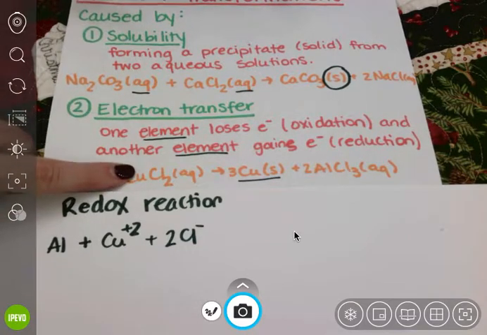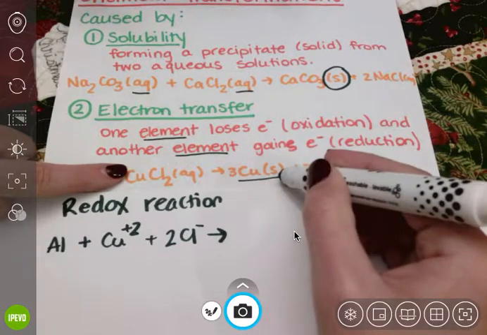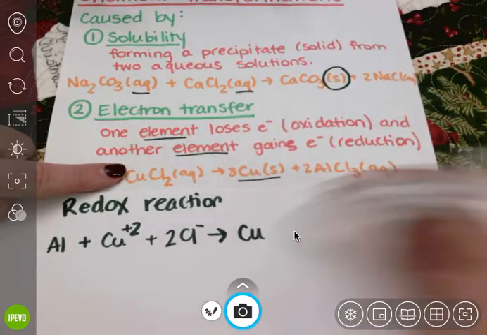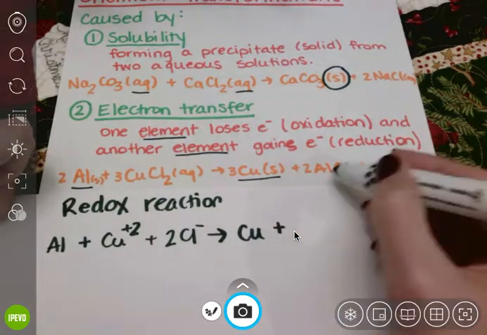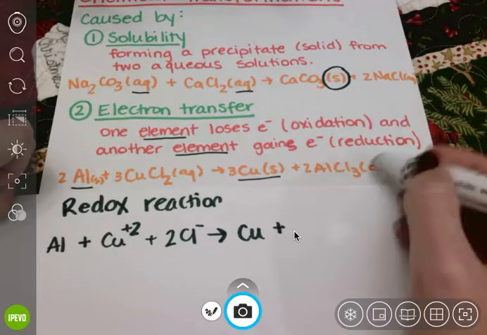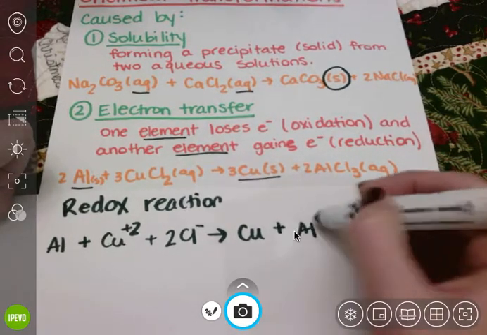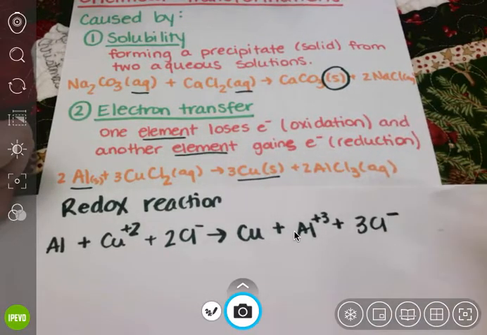Okay? That's going to form, that says solid. And solid things stay together. And that's just going to be copper all by itself. And then I make aluminum chloride, and that's aqueous in solution. So that's going to form aluminum ions and 3 chloride ions.